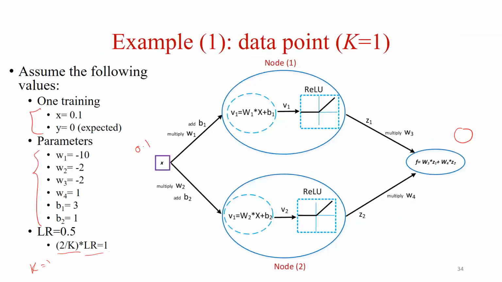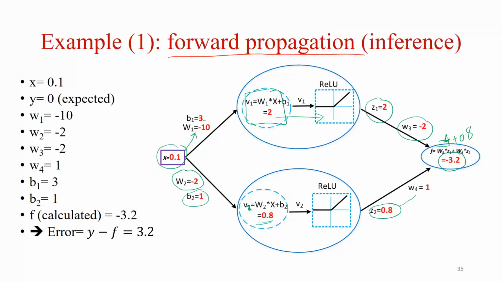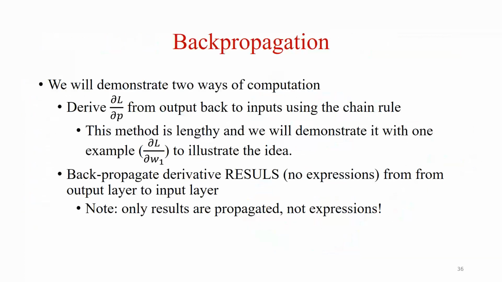Now I did the inference, and I need to do the backpropagation. Here we will demonstrate the backpropagation using the chain rule and deriving all these delta L over delta parameters.